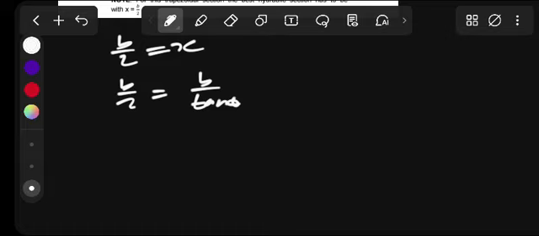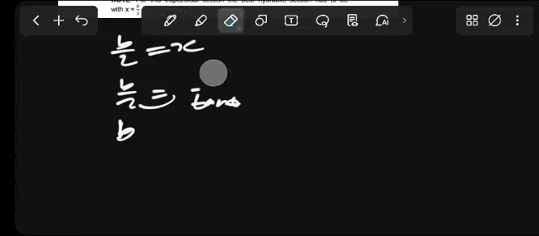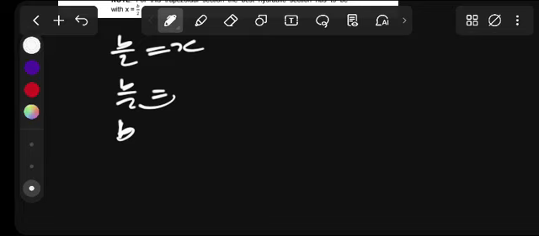I've explained this. Then you multiply that side, and you'll have B. That is why this is not B, guys; it is D over tan.